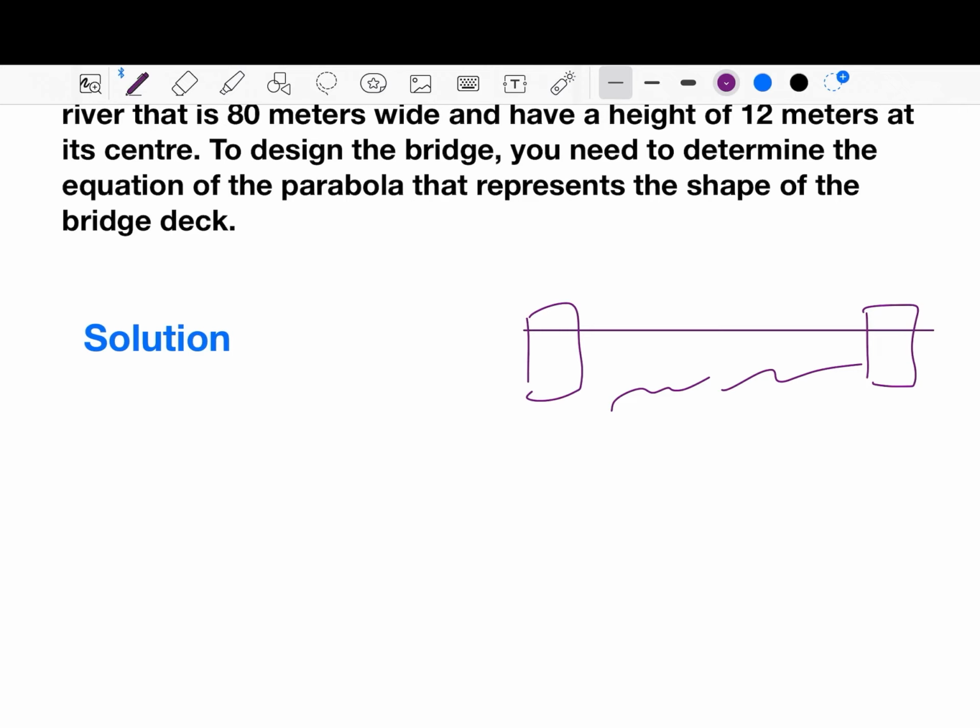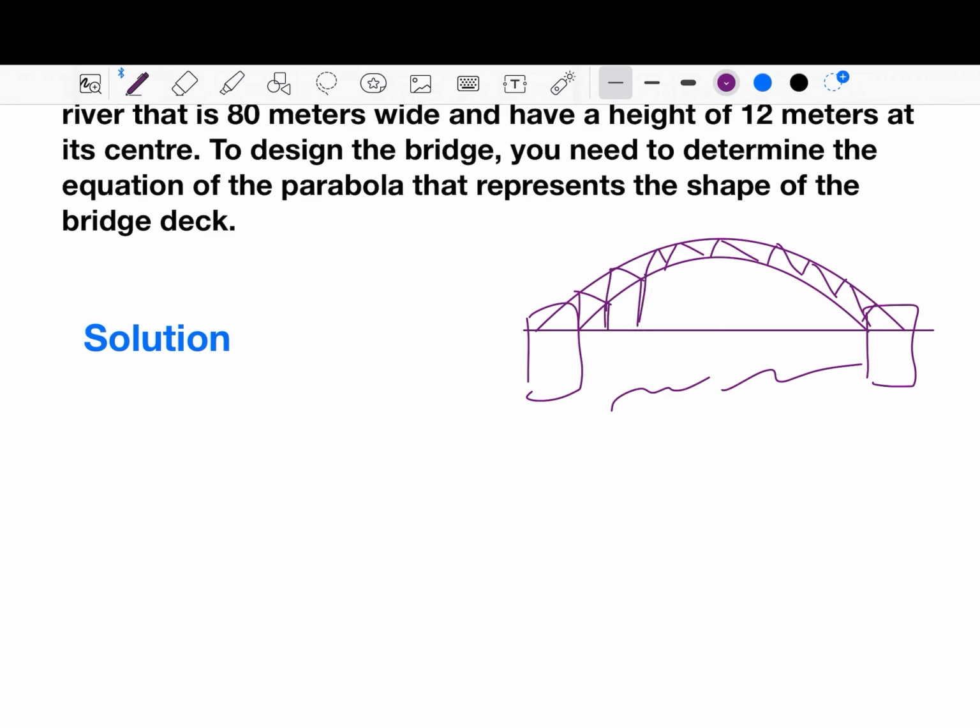So now we need a parabolic shape bridge, and that's basically what they want us to design. Maybe this is how your bridge looks. Hopefully it's a good design, maybe not.